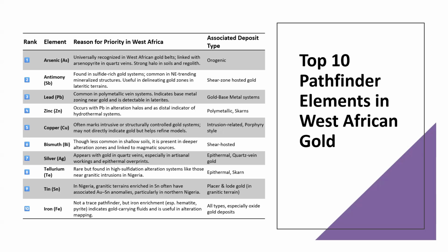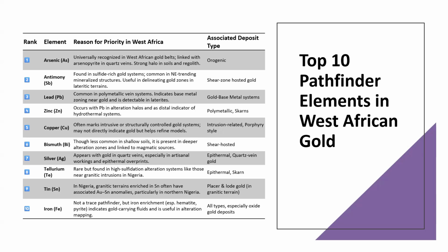So if you look at this now, this is in terms of priority. If you come to Nigeria, it is the same thing. Iron, you can't talk about trace pathfinders without mentioning iron, especially the hematite that is rich in pyrite. I've seen that a lot in Nigeria.